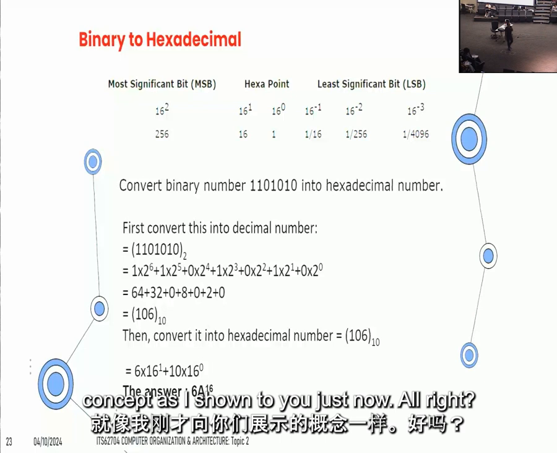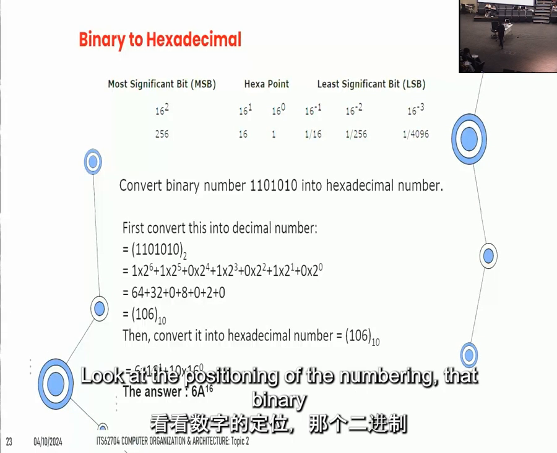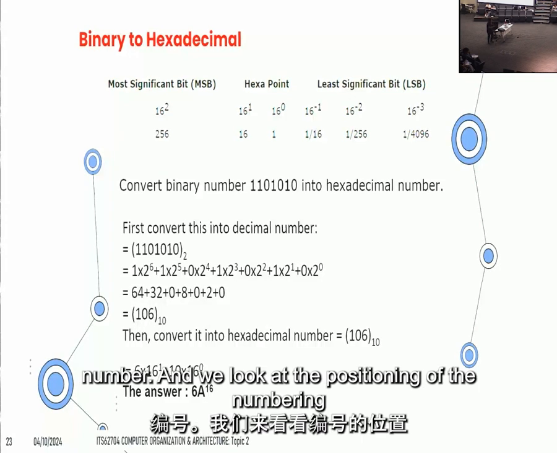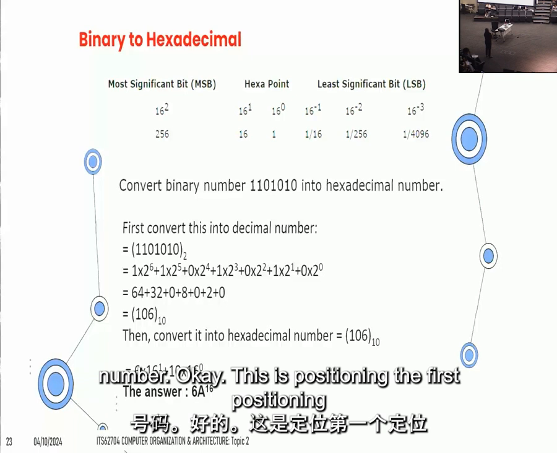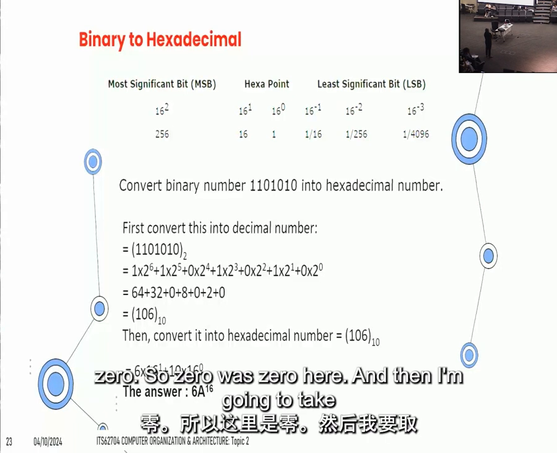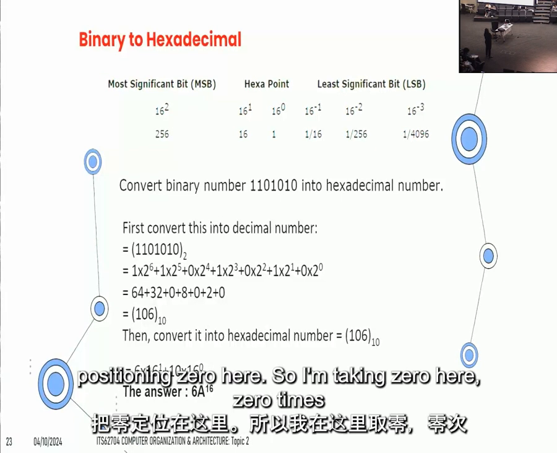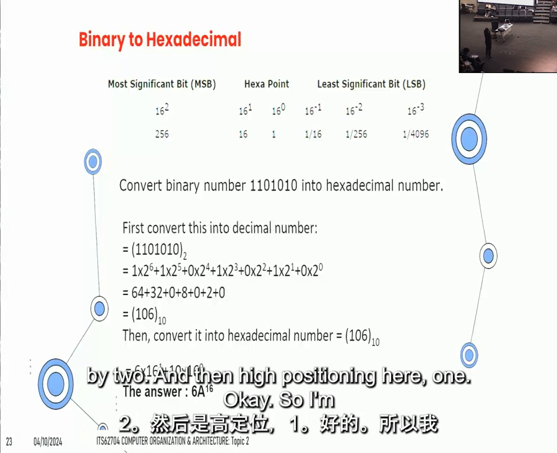Back to the same concept as I showed you just now. Look at the positioning of the numbering of that binary number. This is the first positioning, 0. So I take 0 here, 0 times 2 power 0.